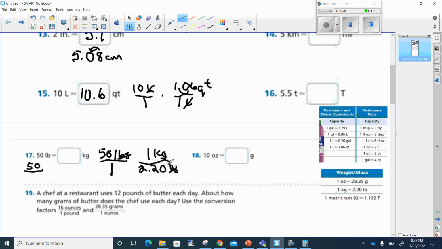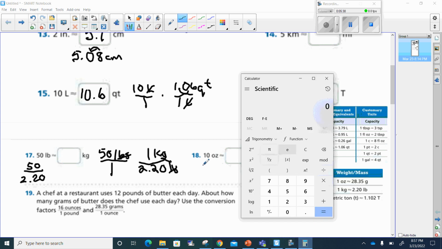And 1 times 2.20 is 2.20. And now I have a fraction. Every fraction is really a division problem. So now I've got 50 divided by 2.2. I don't even need to put the 0 there. And that's going to equal 22.727272. The 7 is going to be bigger than 5, so that makes my 2 a 3, but 3 is not bigger than 5, so 7 remains. This would be 22.7.